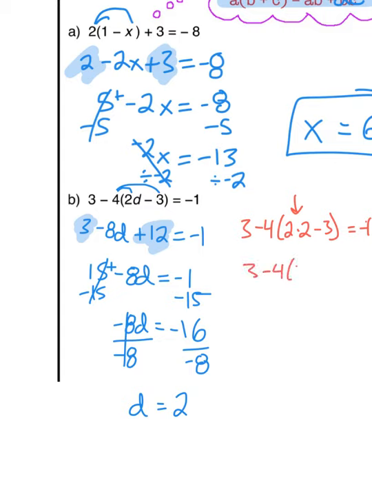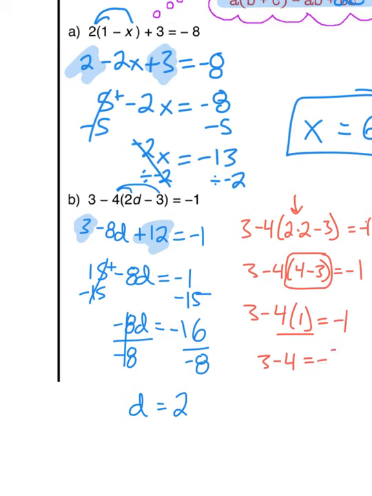So 3 minus 4 times (4 minus 3) equals negative 1. Then we start at the parentheses. 4 minus 3 is 1. So 3 minus 4 times 1 equals negative 1. Then I do the multiplication. 4 times 1 is just 4. And 3 minus 4 is, yes, negative 1. So we're good. d equals 2.